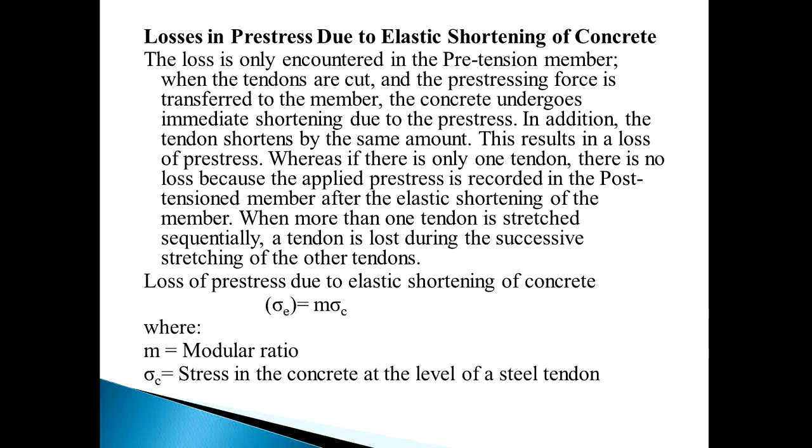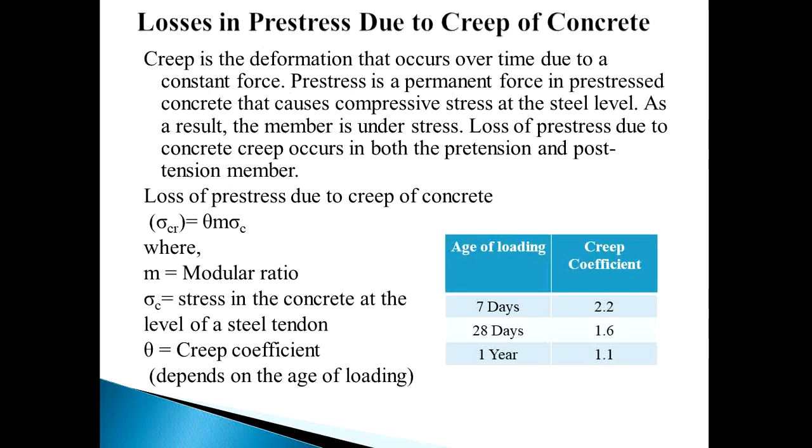So this particular loss is calculated by the formula: modular ratio into stress in the concrete at the level of the steel, or at the level of the tendon. Modular ratio is nothing but Young's modulus E for the steel divided by Young's modulus E for the concrete. The next one is the losses in the pre-stress due to creep of concrete.